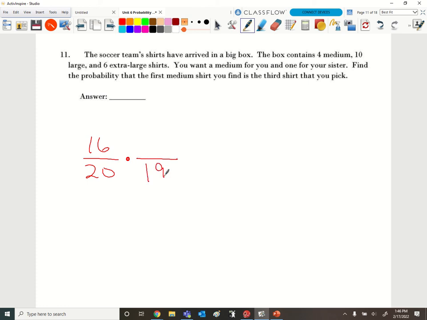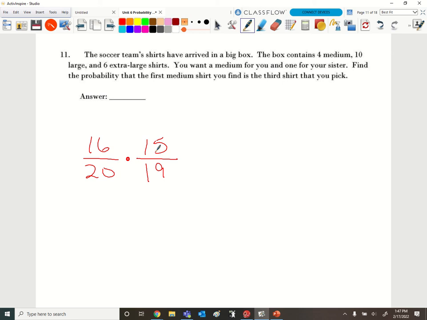And now this time, I reach in again. And again I get not a medium. So it's not going to be a medium yet. So I reach in, and so what is the not medium? 15. 15, because there's 15 not mediums left in that box, right? Does that make sense?